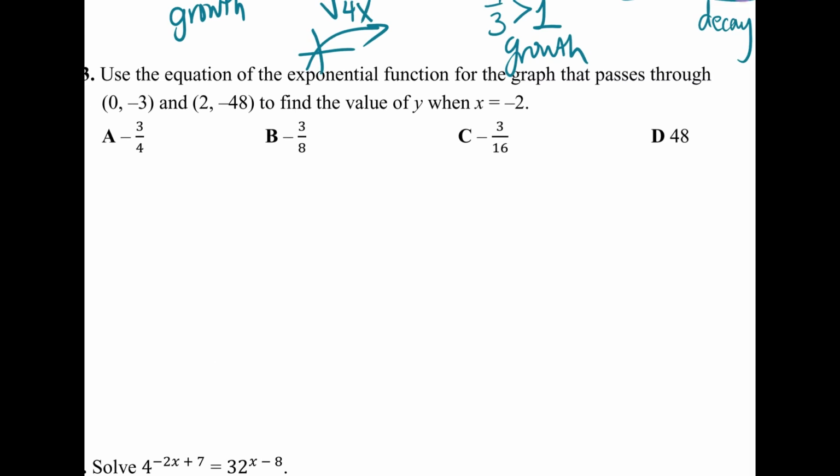Let's keep going. Use the equation of the exponential function for the graph that passes through (0, -3) and (2, -48) to find the value of y when x equals 2. Okay, so this is the regular exponential function. I have 2 values. I need to solve for what b would be.